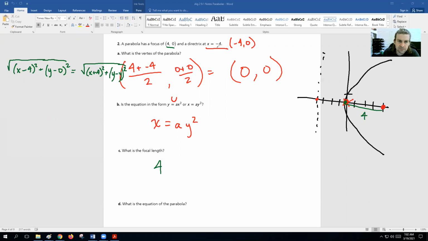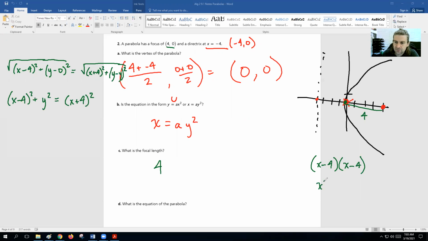Because with the directrix, remember, any y value here, that goes away. So we know the square roots cancel each other out, and we get x minus 4 squared plus y minus 0, which is just y, and that becomes y squared, equals x plus 4 squared. So off to the side, let's do what x minus 4 squared is, or x minus 4 times itself.